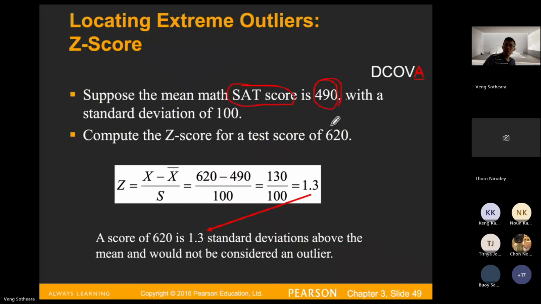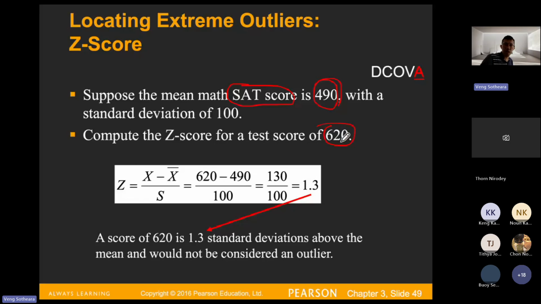So now somebody gets 620. Do you think that this is considered too high compared to the majority, the general student? On average, a student gets 490 with a deviation of 100, and one particular student now gets 620.